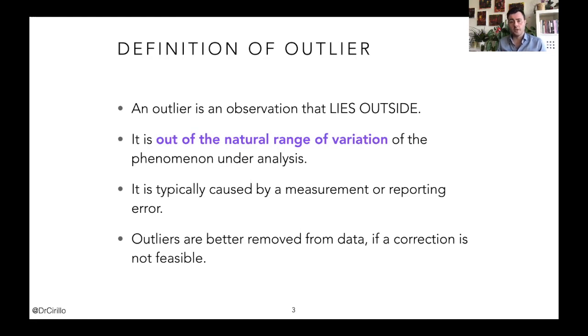An outlier is something that lies outside. Outside of what? It is something that is out of the natural range of variation of the phenomenon that we are studying. Now, what does it mean out of the natural range of variation? An outlier is a value that is so big or so strange not to belong to the object of our analysis.